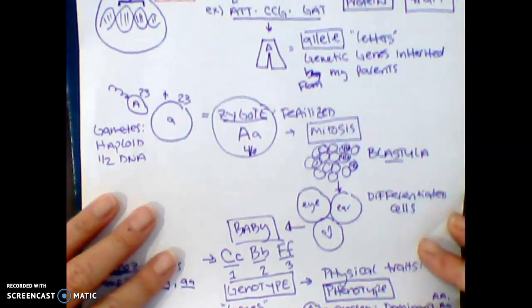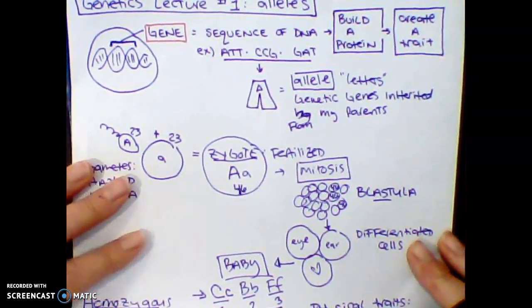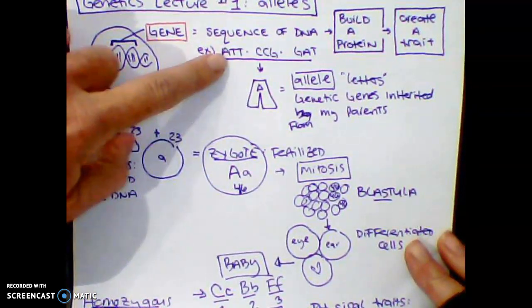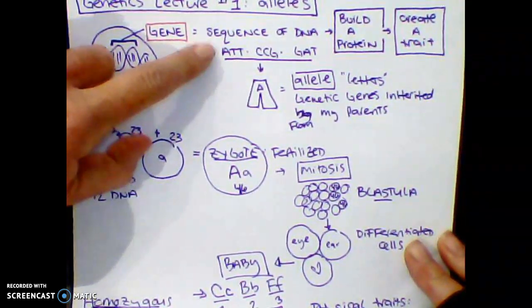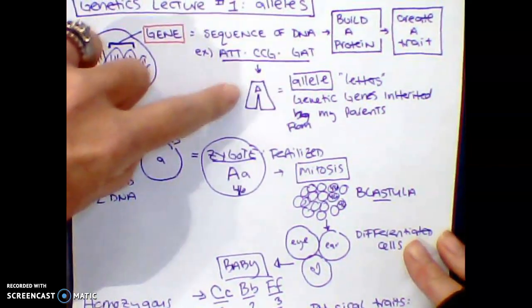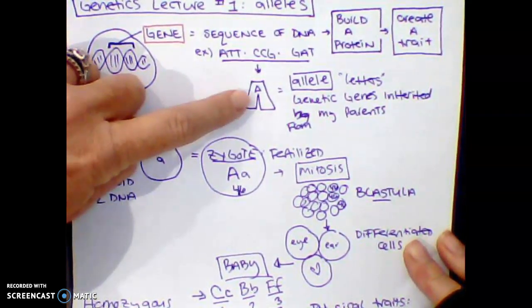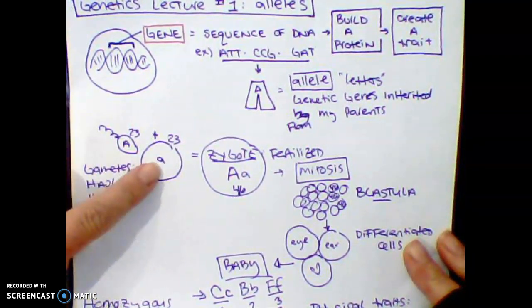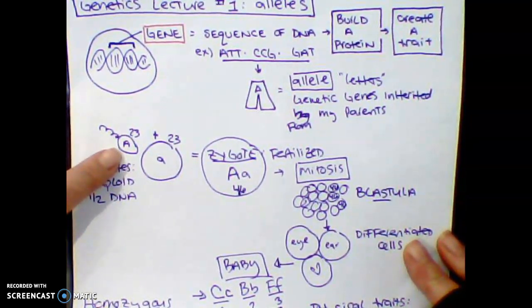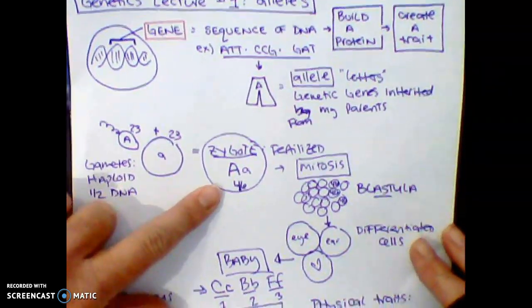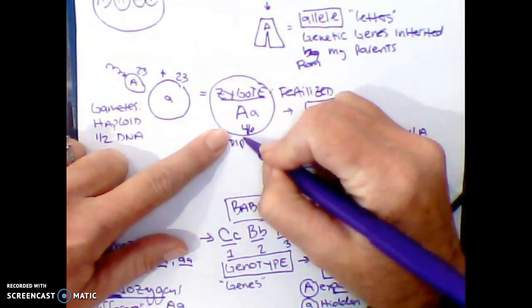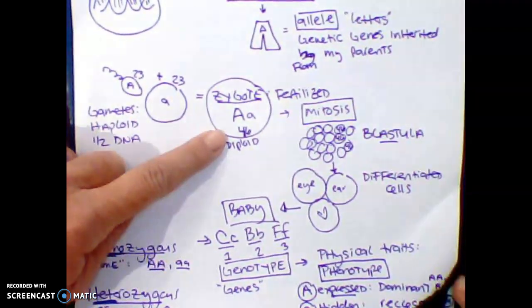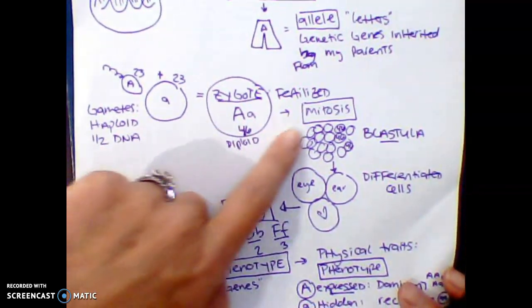When we are dealing with genetics, okay, we're going to be representing a sequence of DNA as a single letter. So instead of saying the sequence, we're just going to say this whole sequence is letter A. Now this letter, we're going to inherit one letter from mom and one letter from dad, and then that in turn is going to create us, which is a diploid cell. So we have 46 chromosomes. That diploid cell is going to go through mitosis.